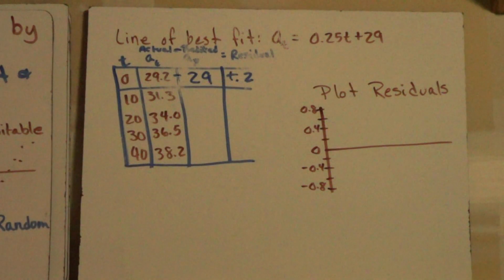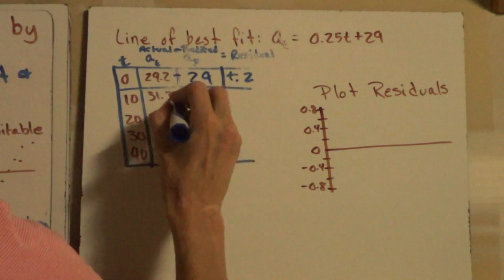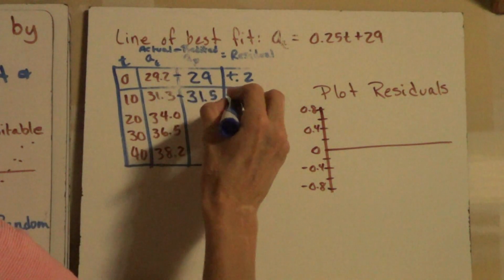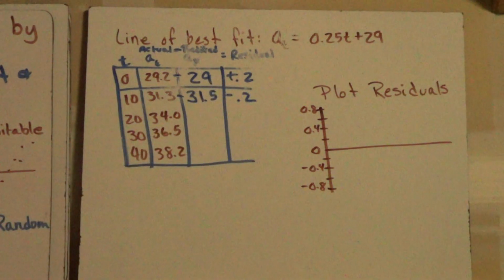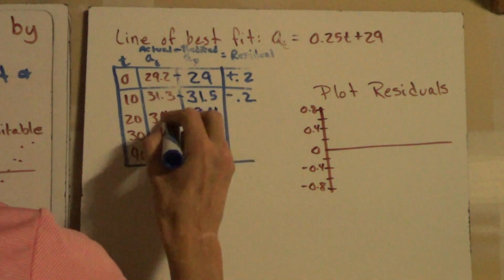Okay? Now we'll go 10 in there. So 0.25 times 10 plus 29, 31.5. So when we subtract that, this time we get a negative 0.2. 20 times 0.25 plus 29 equals 34. So that one's right on.